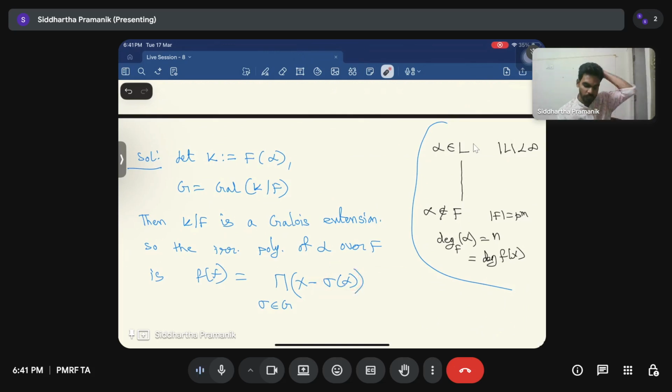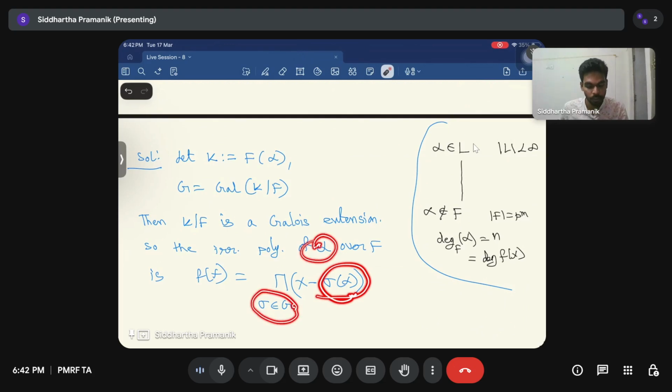So this is already done in the proof, where we have characterized Galois extensions: a finite extension is Galois if and only if it is a splitting field of a separable polynomial. So you can go back to the proof, and you can see that we have used this fact to find the irreducible polynomial of an element using the Galois group. So basically we need to find these conjugates. And how to find these conjugates? So basically we need to act the elements of the Galois group on alpha.